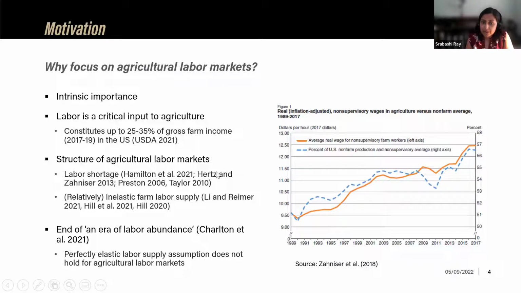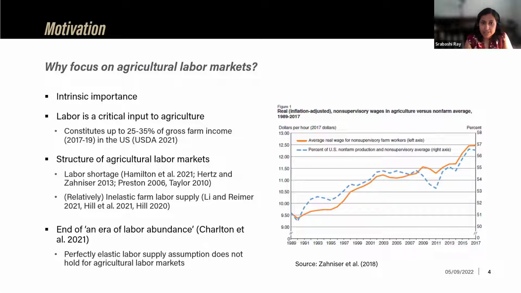Next, the structure of agricultural labor markets has been evolving in the past few decades. In the past 2 decades, at least, there has been increasing labor shortages, one way of quantifying which is this graph on the right hand side, which shows that there is a steady increase in farm workers' wages since the 1990s, and in the last decade, it has only continued to steadily increase.